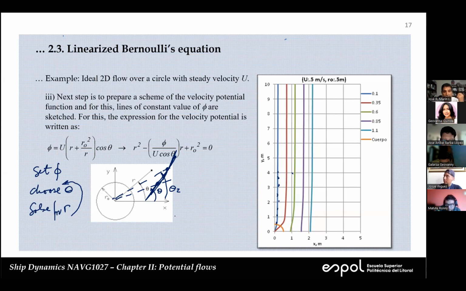And I have to remember now that the velocity is nabla phi. Geometrically, what does that mean? Anybody from your vector calculus, what does that mean? The velocity is the gradient of phi. They are perpendicular vectors. They are perpendicular when phi is constant. So that means that V is perpendicular to lines of constant phi.